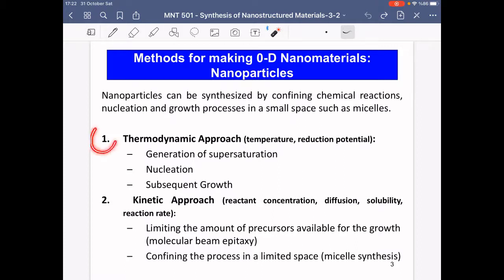The first one is the thermodynamic approach, where you control the generation of supersaturation, the nucleation and growth, or the kinetic approach, where you control the reactant concentration, diffusion, solubility, reaction rate, those kinds of things, which at the end you end up limiting the amount of precursor available for the growth, like molecular beam epitaxy, which Bilge Hoca mentioned to you about, or confining the process in a limited space, like reverse micelle synthesis methods.